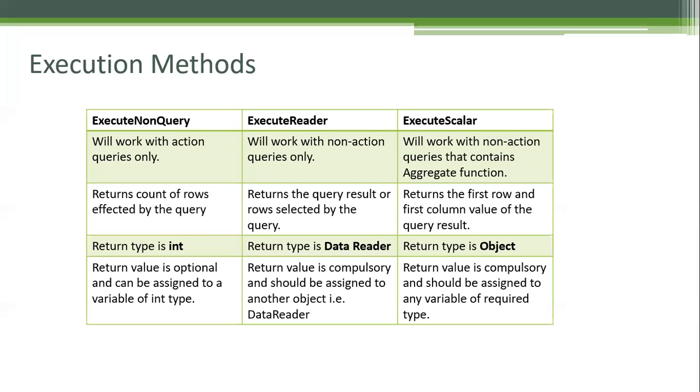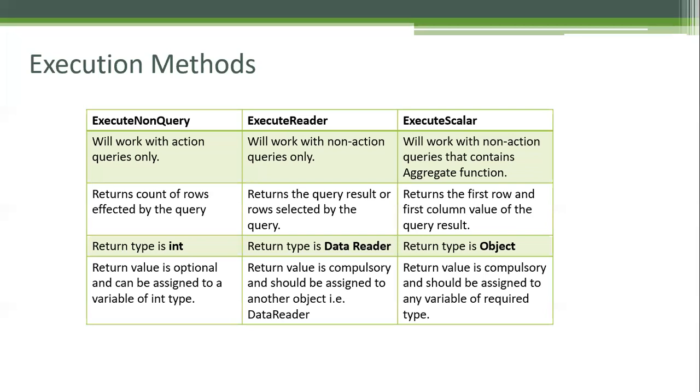Next, execute reader returns the result or rows selected by the query. Suppose I write select star from student table, so it will return the complete query result set as an object. The return type is data reader. Next, execute scalar.